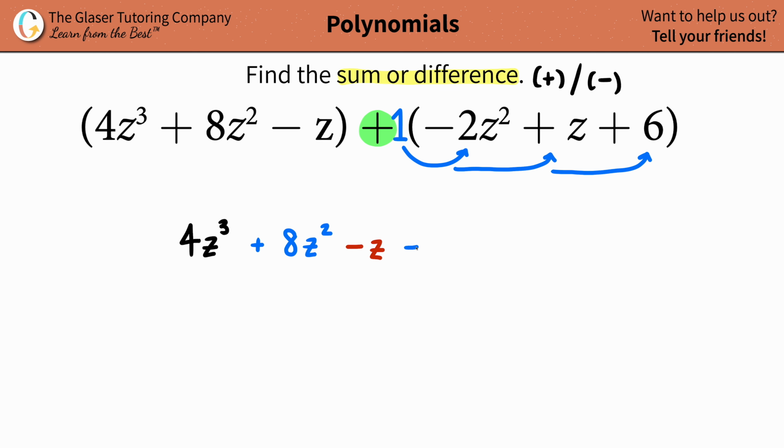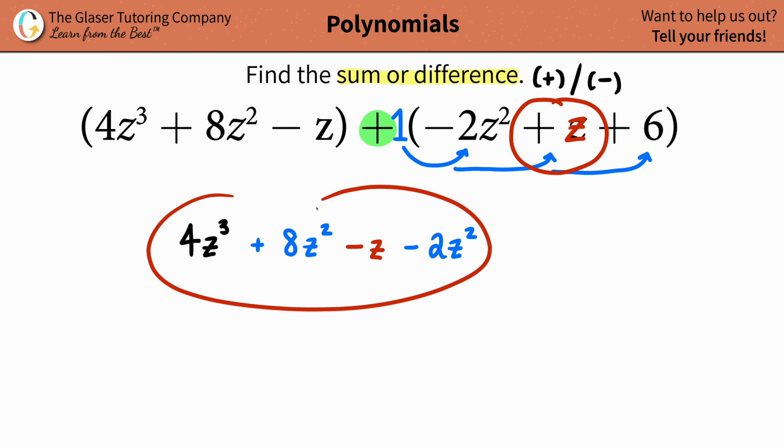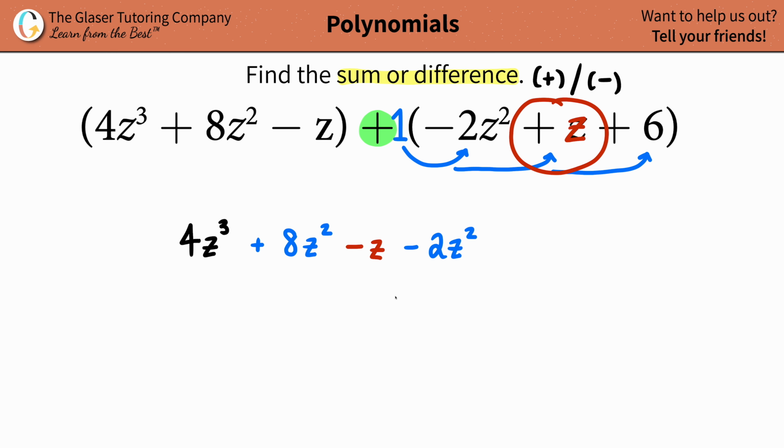So I'm going to say minus 2z squared. Let's do the color game again for the next one. I have a plus z. What color am I going to use? Yep, you're absolutely correct. Red, because z goes with z. So plus z.